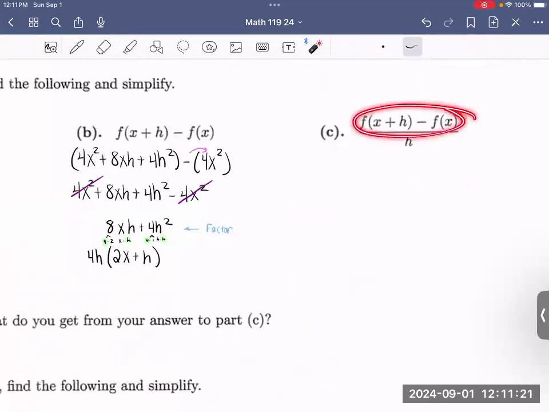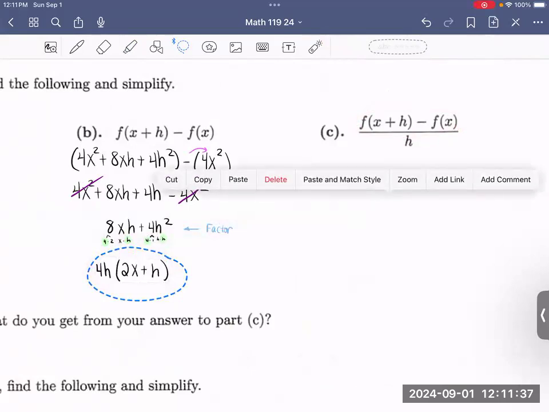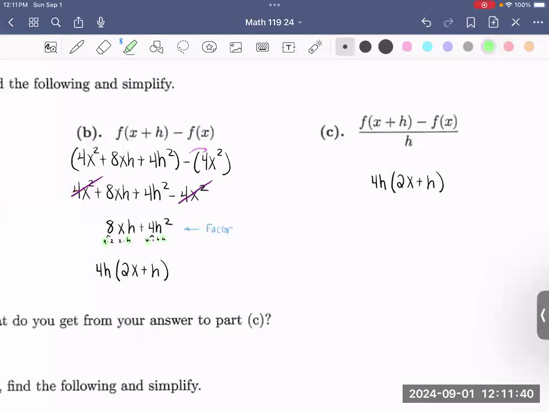So this whole top piece here is now going to be this piece right here, in fully factored form. Let me scoot that down just a little bit here. So this whole thing is going to be that top portion, and you'll notice that this whole thing is divided by h. Then again, we're going to cancel out your h's because that's what they had in common, and you're left with 4 on the outside, 2x plus h.